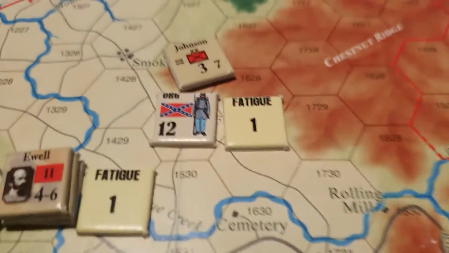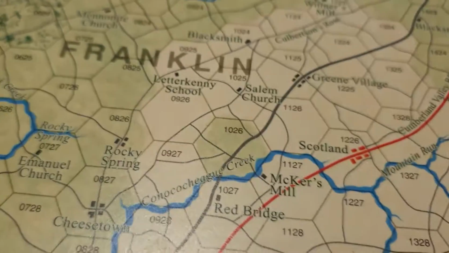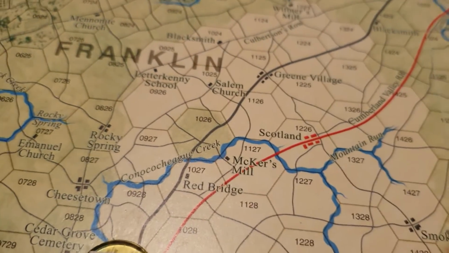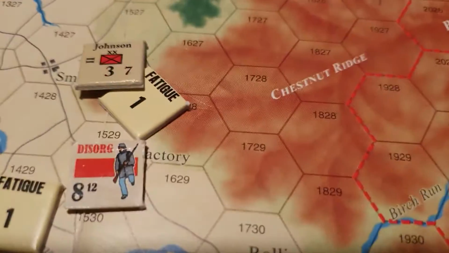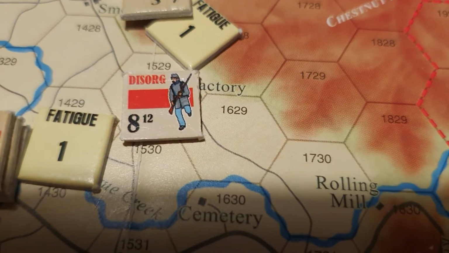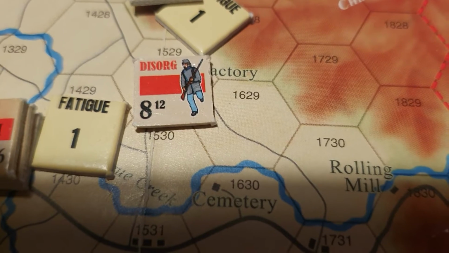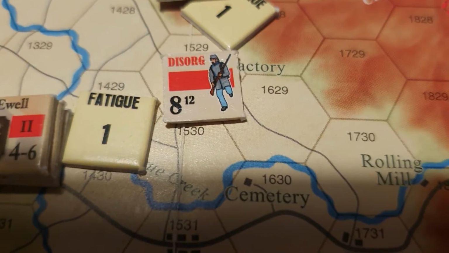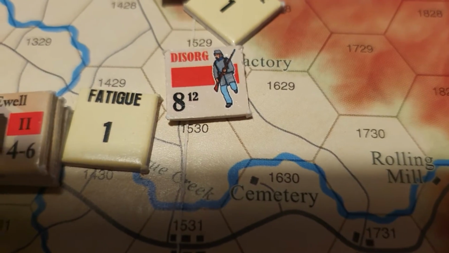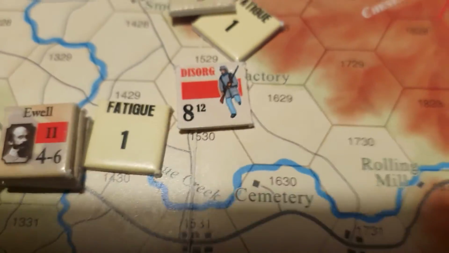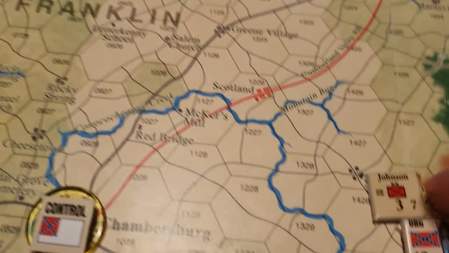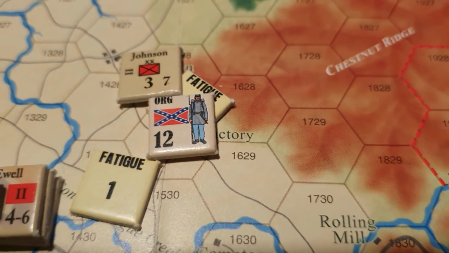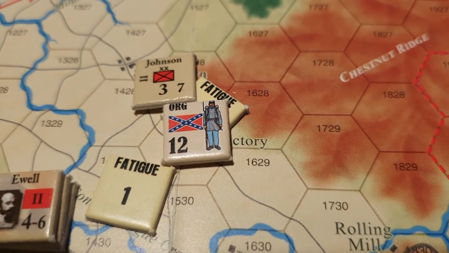So if you turn them over, you can see the disorganised side. In that case, you can see it's got 8 and 12. The right hand side tells you there's 12 strength points of infantry there, but it's only got 8 combat points because it's disorganised. Needless to say, you don't want your units to become disorganised.